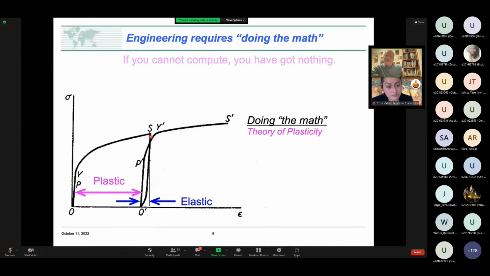Now, to do this, there's a formal body of theory known as the theory of plasticity. It started out almost for soils, but was mainly developed for metals, and then we've adopted it for soils. People say you're using metal plasticity. Well, no, we're not. We're using soil plasticity, and I'm going to show you the framework.